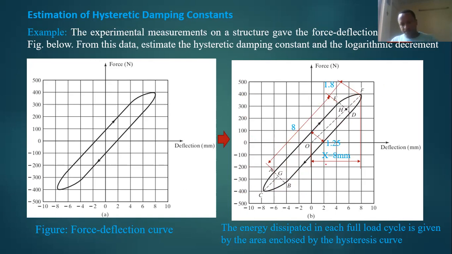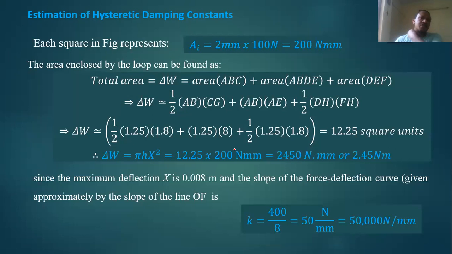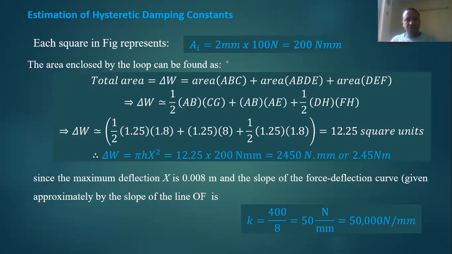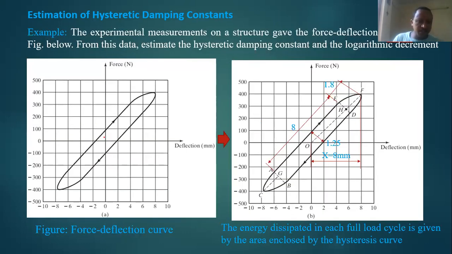So how can we calculate? Let's see. Each square in the figure represents the area of an individual cross section, which is 2 millimeter by 100, which is 200 Newton millimeter. So we can see each area here.